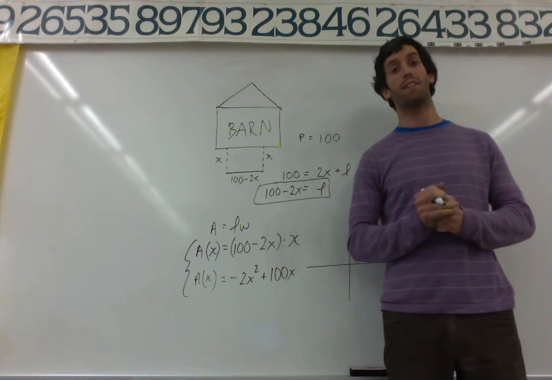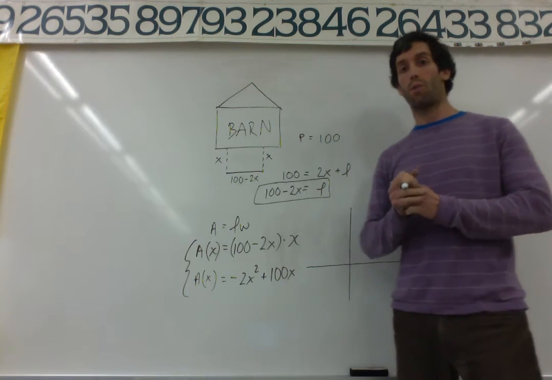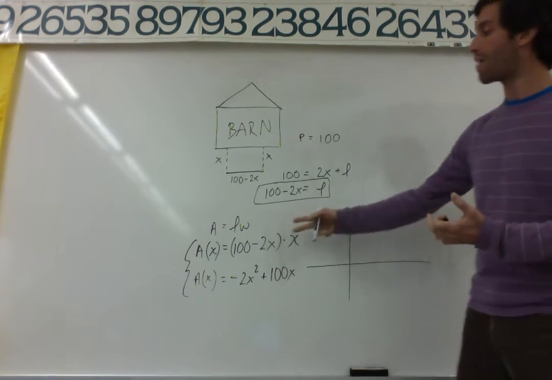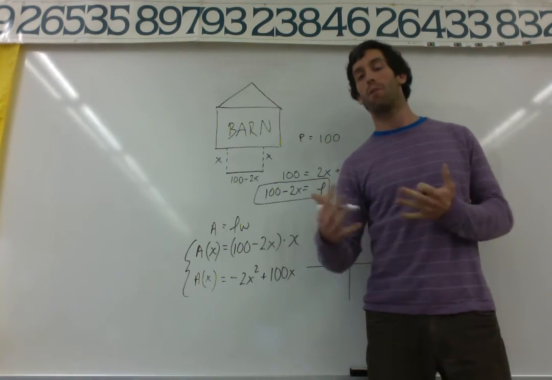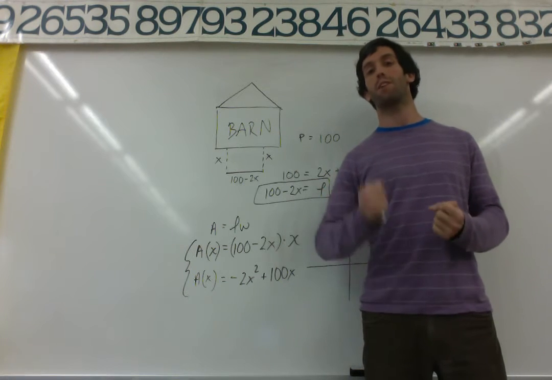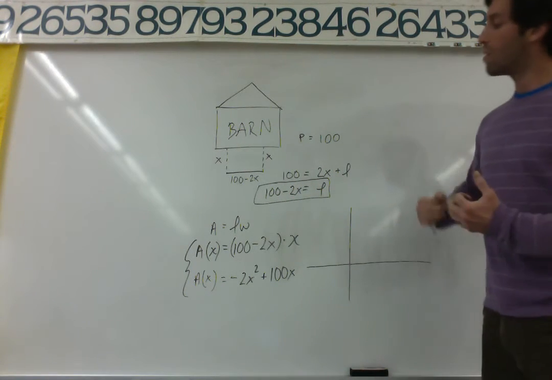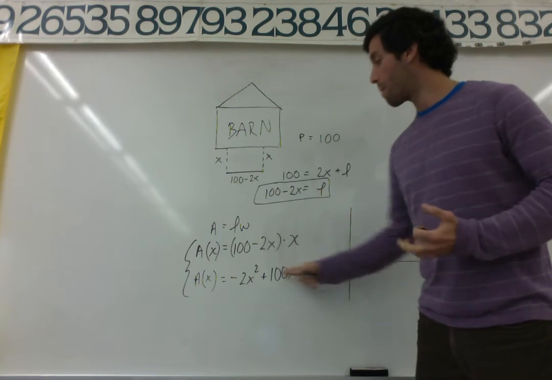Okay, and just remember, guys, that if you're trying to graph this quadratic, you want to know a bunch of points, right? You can make a table, but the most important points are the intercepts and the vertex, okay? So from this point here, maybe you find the vertex.